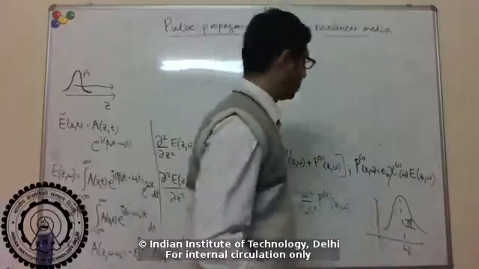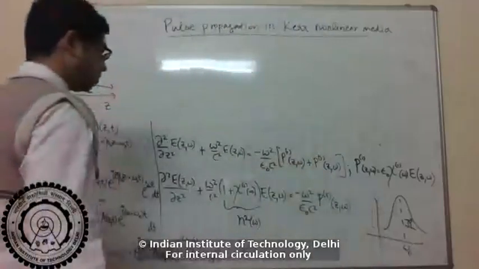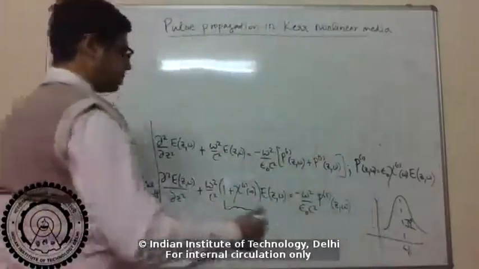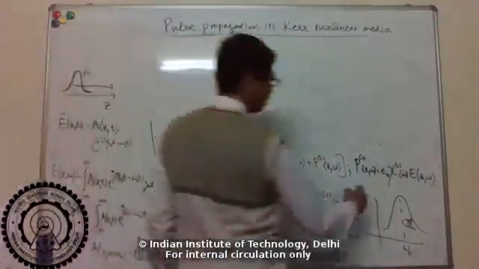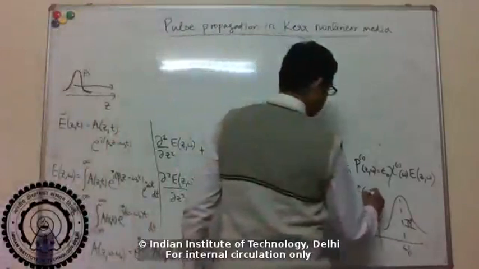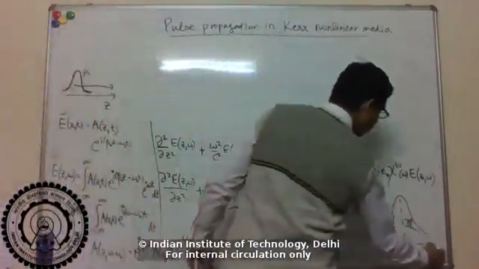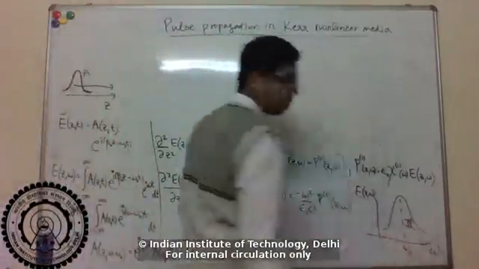So equivalently, what I'm saying is, if you plot Ez of omega, that will look like this, centered at omega naught.